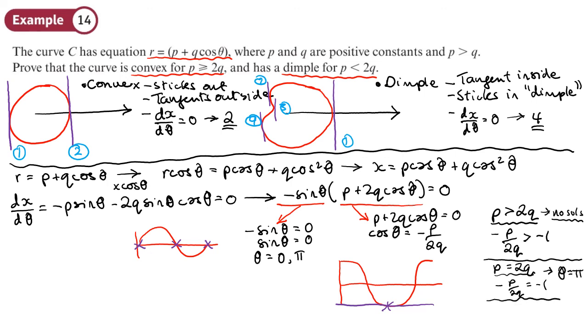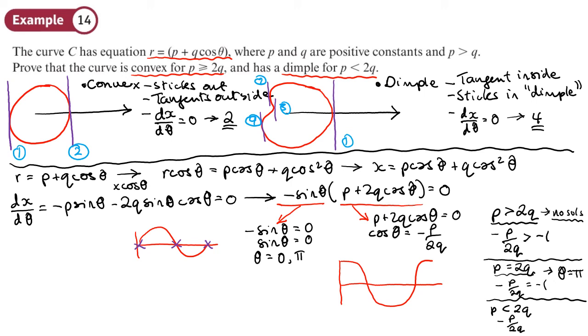The last option is if p is less than 2q, which means that negative p over 2q will be less than negative 1.